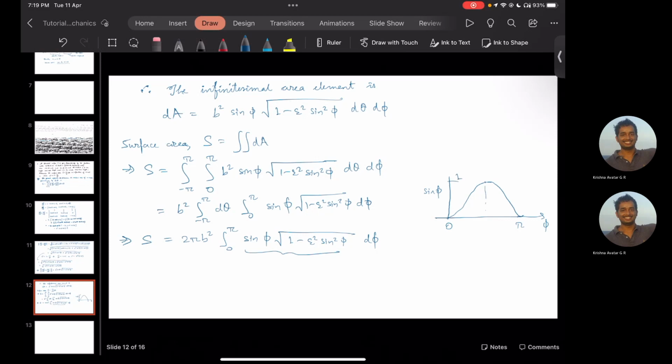About this line, the sine graph is symmetric about pi by 2, is it not? And you can verify this from the trigonometric identity sine of pi minus x is equal to sine x, right? So this is a symmetry relation. So in this integral of ours, 0 to pi is the same as 2 times 0 to pi by 2, isn't it?